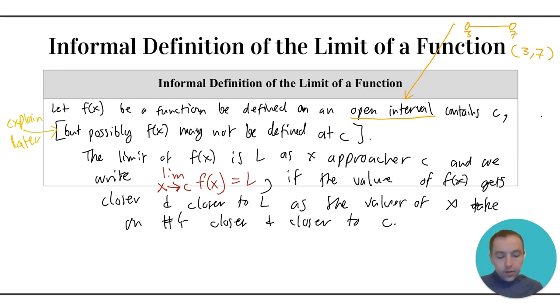So you just have to think that x is horizontal in a graph, right? And then f of x is like your y, so it's vertical. So what we're basically just saying here is that as the x gets closer and closer to some c number on the x-axis, right? So as we pinpoint horizontally towards some number c, then the function itself should be approaching some particular y value corresponding to that particular c.